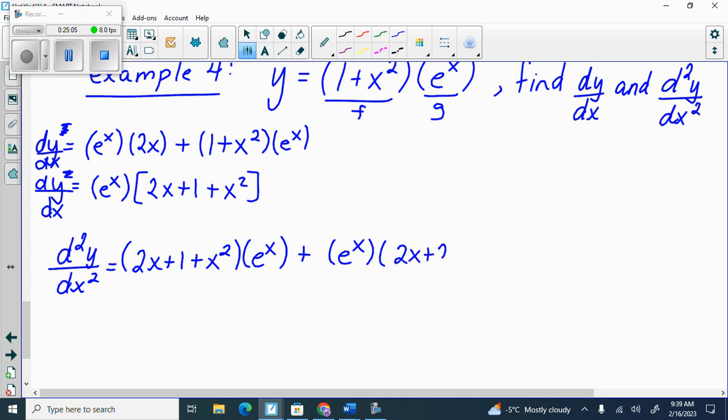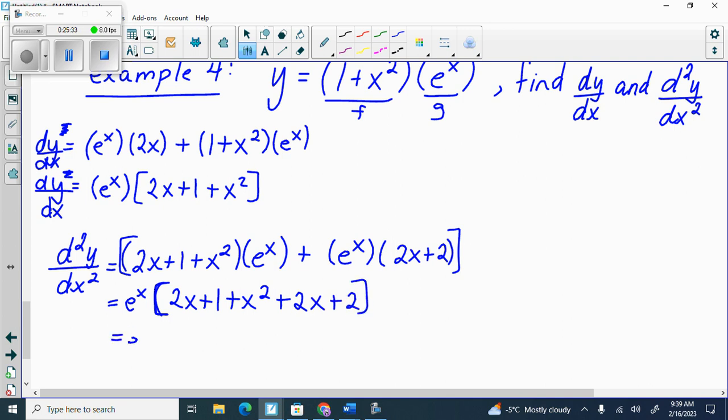Why x squared? They write it that way. I don't know why I have square brackets, because I have one, I'm not erasing it. I'm putting another one. The square brackets are not needed, but I'm lazy and I'm not erasing it. Okay, so you can take an e to the x out, and we're left with 2x plus 1 plus x squared plus 2x plus 2.